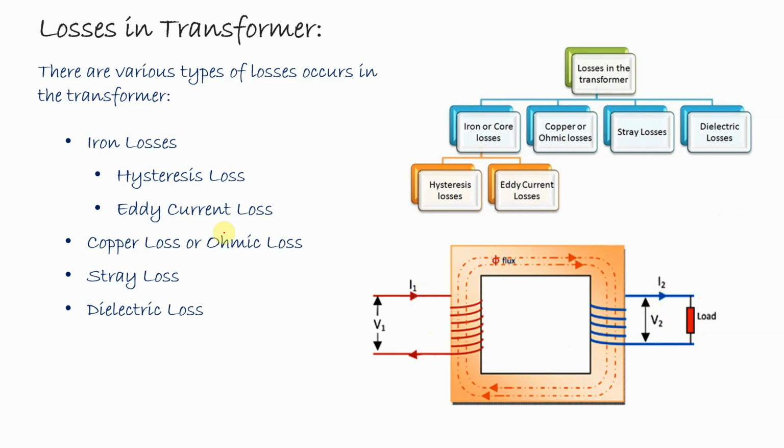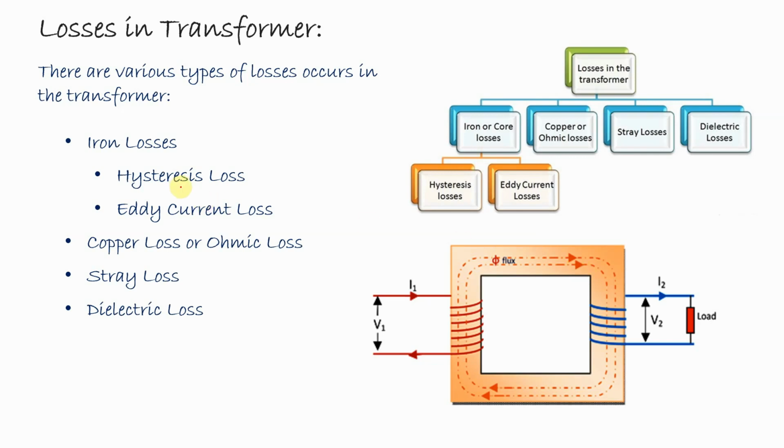Now, the iron loss basically occurs in the core of the transformer. As the core is made of ferromagnetic material, normally silicon steel, this loss is also called the iron loss. We know that when the alternating flux is flowing, the B versus H characteristic of the magnetic material creates a loop, which is considered the hysteresis loop.